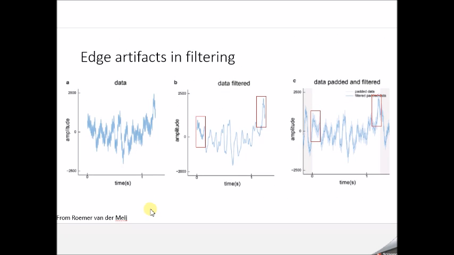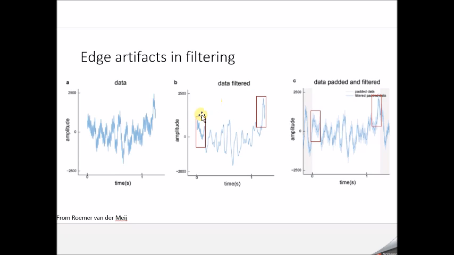One other important thing to know with filtering is edge artifacts that can appear in filtering. The signals that we deal with are all finite in duration. So given this example data here that we want to do a low pass filter on, in the middle here we have the filtered signal, but zooming in on these edges, you can see that the low pass filter didn't work too well for the beginning of the signal and at the end of the signal, and this is what we call edge artifacts.